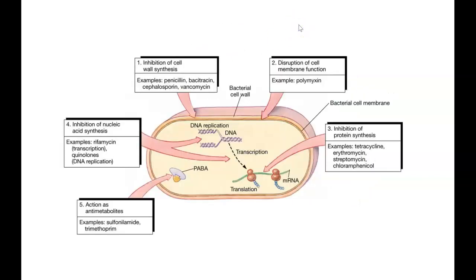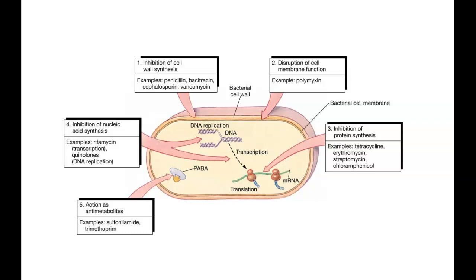So if you're a visual person, this is a little picture that just kind of shows how each of these antibiotics is targeting the bacterial cell. So number one, we talked about that cell wall synthesis, interfering with that peptidoglycan layer. So things like penicillin, vancomycin. Some will disrupt cell membrane function.